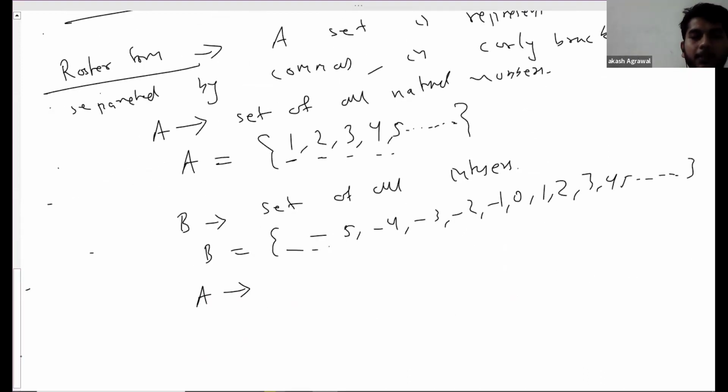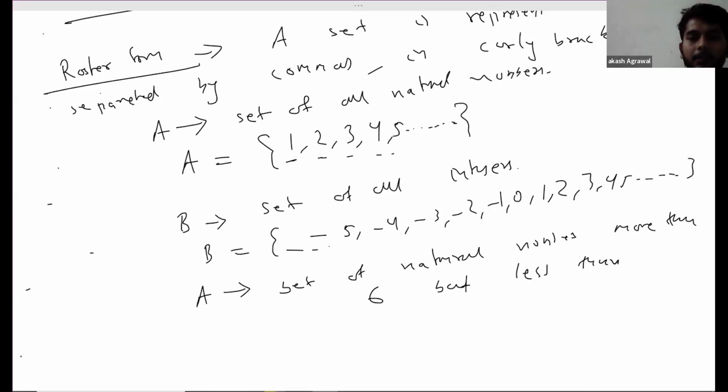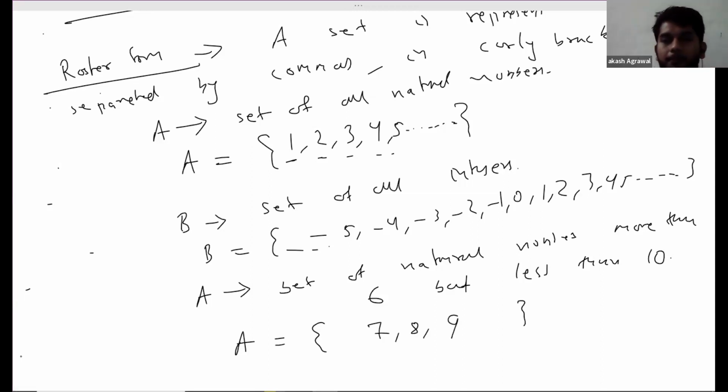Suppose I mention set A, set of natural numbers more than 6 but less than 10. Who will tell what will be in set A? 7, 8, 9. Very good. Okay, everyone is clear? Yes, sir.